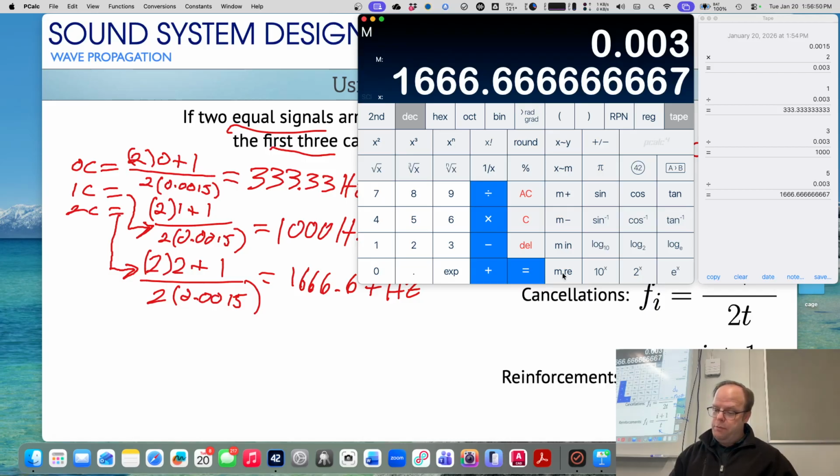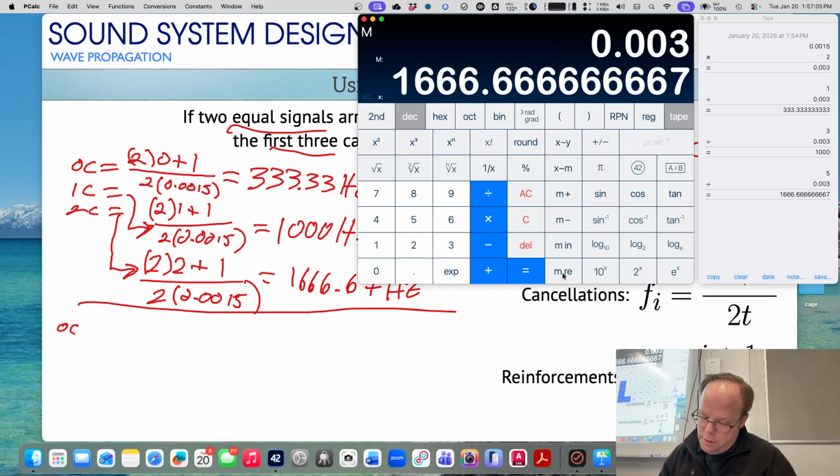Okay, well, let's do the reinforcements now. Reinforcements, using the same 0, 1, 2, 3, would be, let me just give myself a line there so I don't forget where I am. So this will be the first one, 0c is going to equal 0 plus 1 divided by 0.0015.